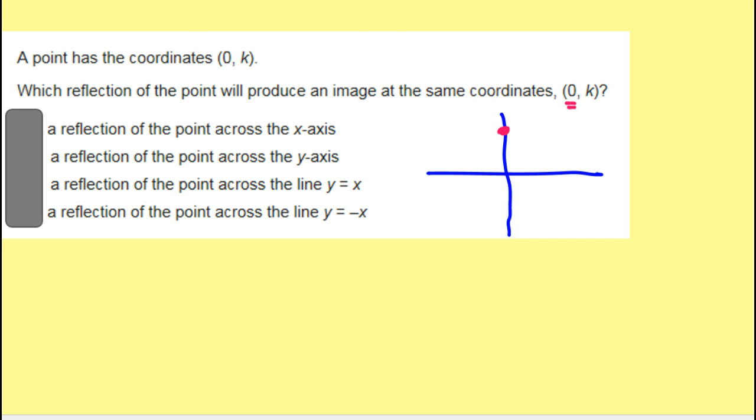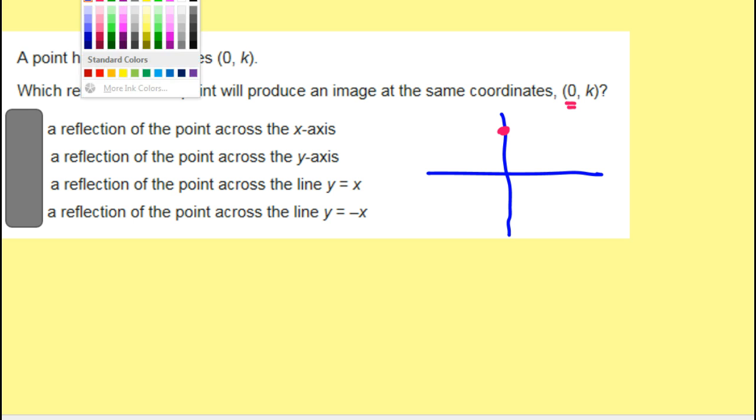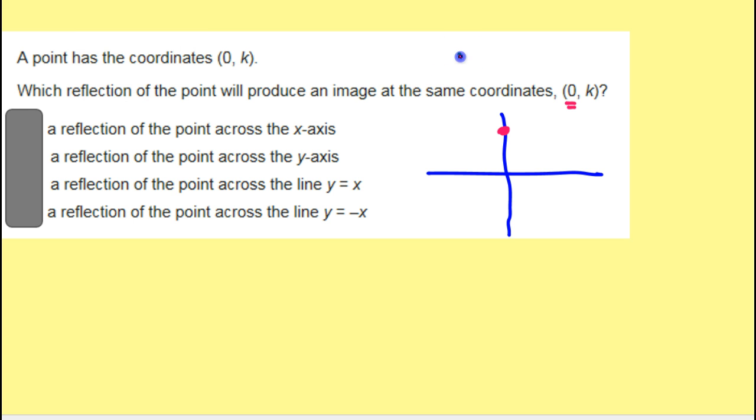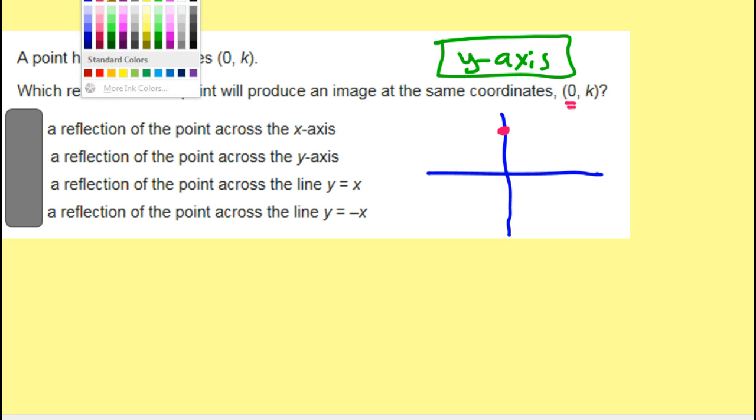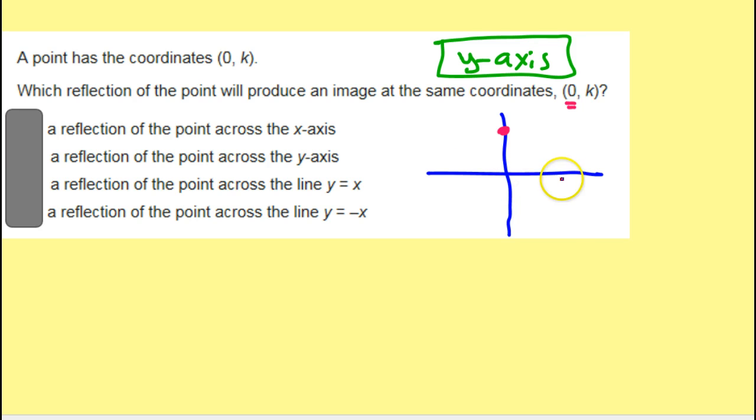So first of all, we know if you do a reflection over the y-axis, if we use the y-axis as the reflection line, if you have a point on the reflection line, it's not going to change. So that will definitely be an answer to the question because it's on the y-axis. Now, any other reflection, so for example, say if I did a reflection over the x-axis, that would be here.